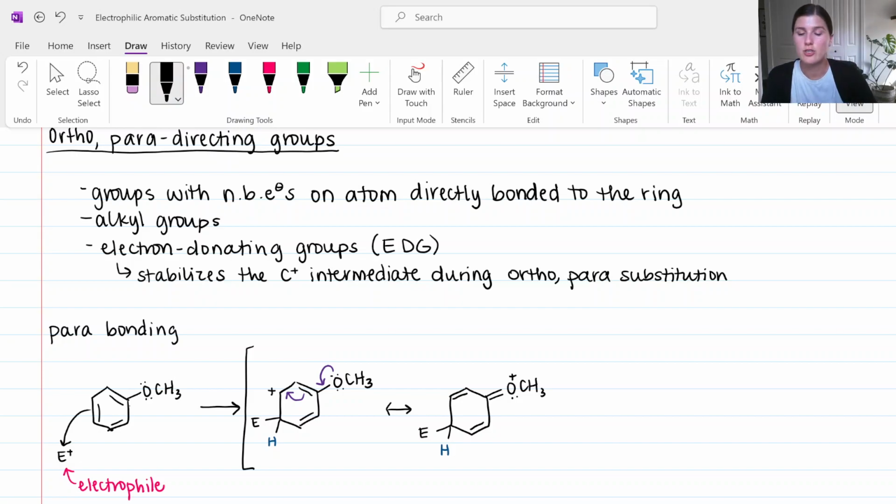We have a positively charged oxygen, but it's still closed shell. So overall, this is a more stable resonance contributor than the carbocation structure that we drew to the left. There are other possible resonance structures, but this is really the important one that explains why having an electron donating group results in ortho-para products and is an activating substituent.